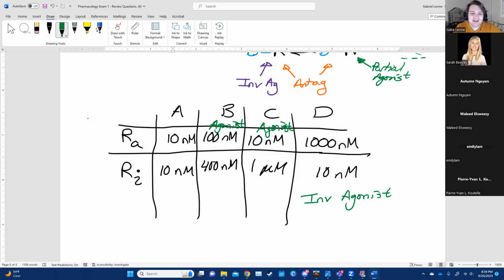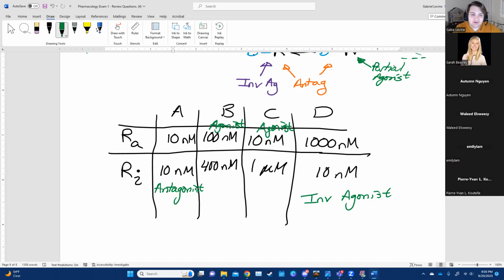And then finally, it has equal affinity for the active and inactive, so we can assume that this would be an antagonist, a neutral antagonist. Now, when we look at partial versus full, the ratio difference between the active and the inactive is only 4.